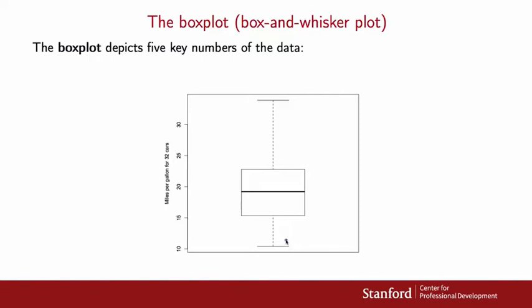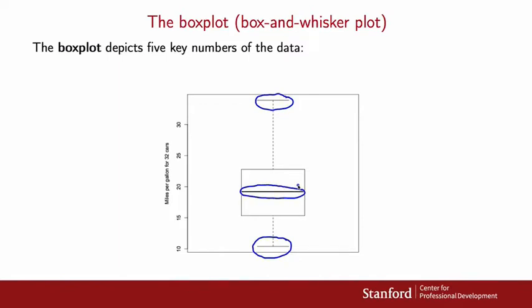The lower whisker shows the smallest number in the data. So we see it's roughly 10 miles per gallon. The upper whisker here shows the largest number in the data, which may be around 35 miles per gallon. And then there are 3 more numbers. We have the median. That's the number where half of the data are smaller and half are larger.